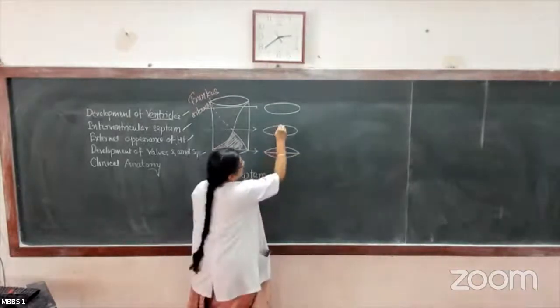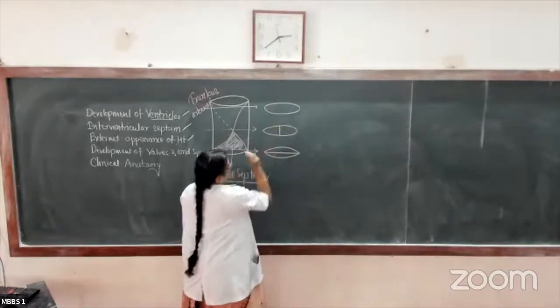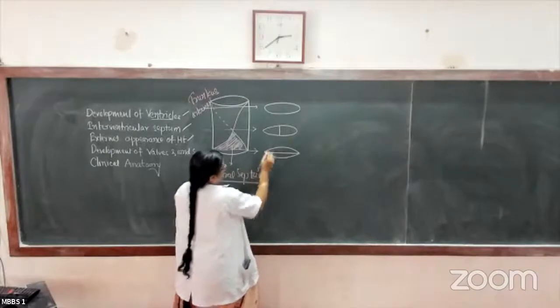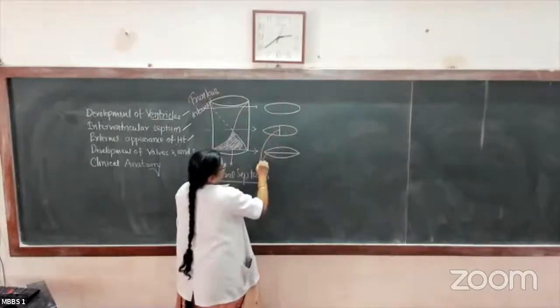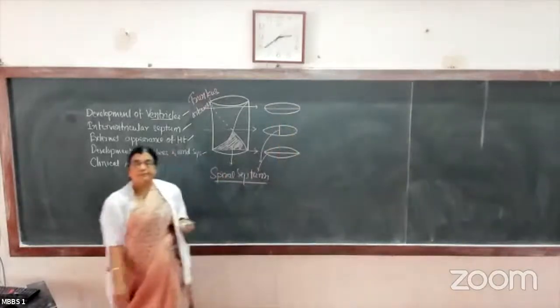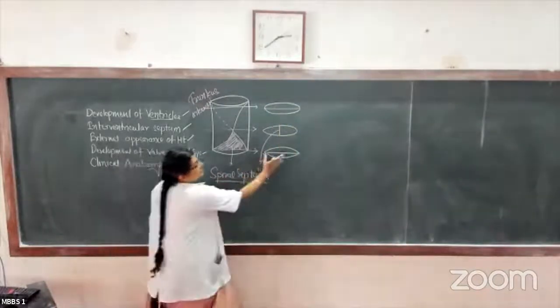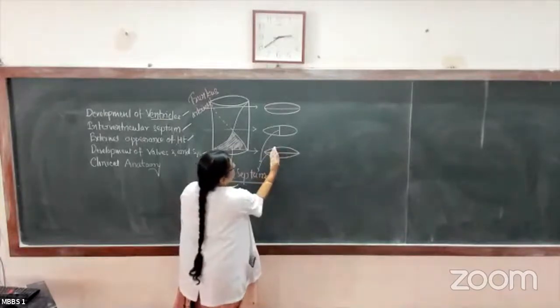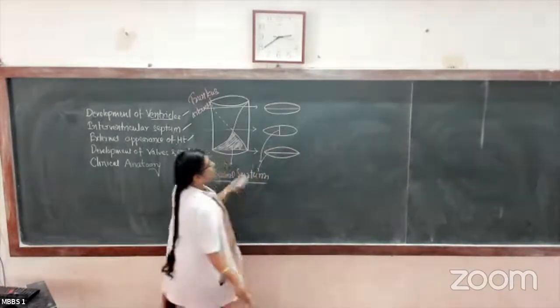In the middle, it is antero-posteriorly oriented. This one is the spiral septum. And here again it is coronally oriented. So it is going to twist. First it is like this, then it will move like this, and then again it will go coronal.